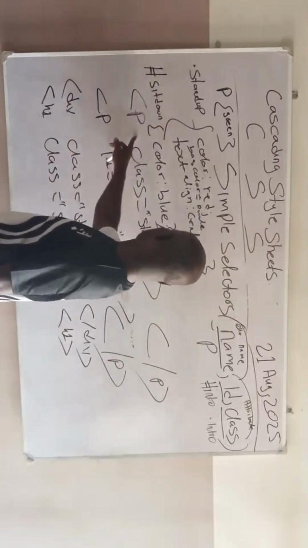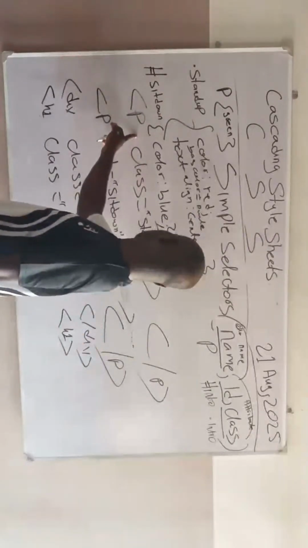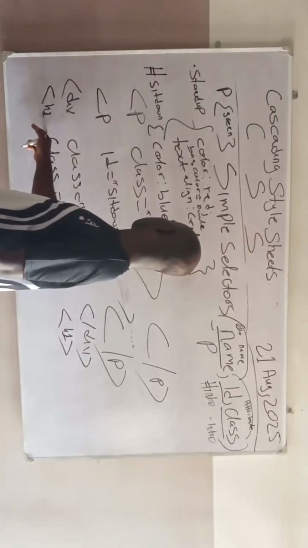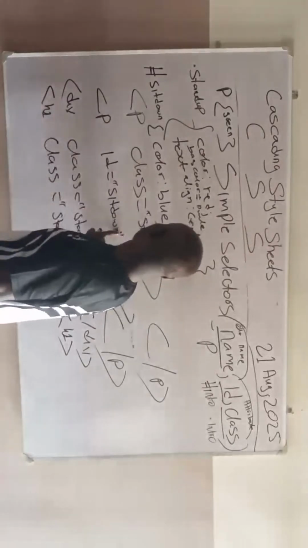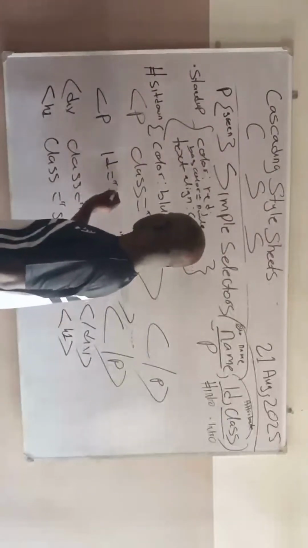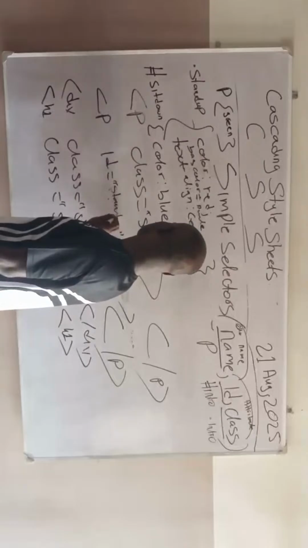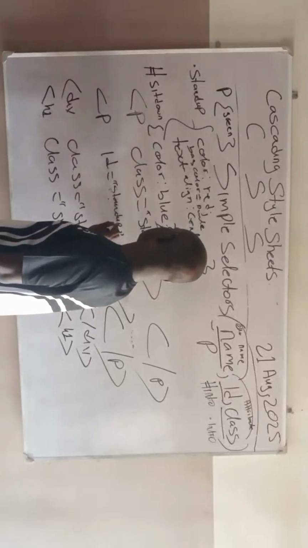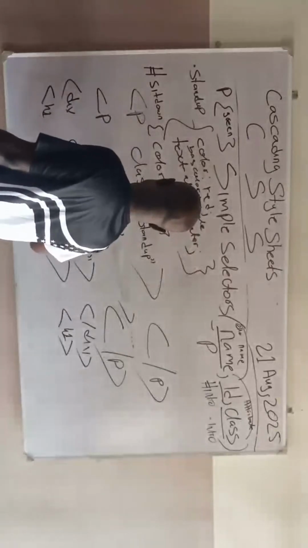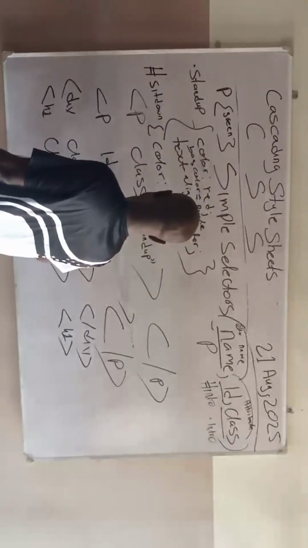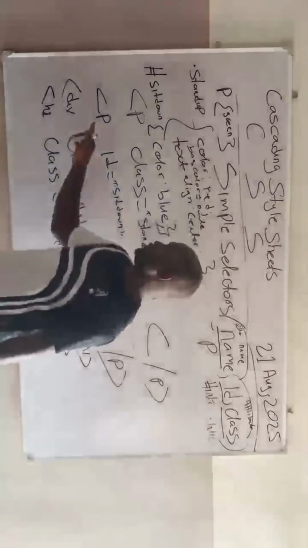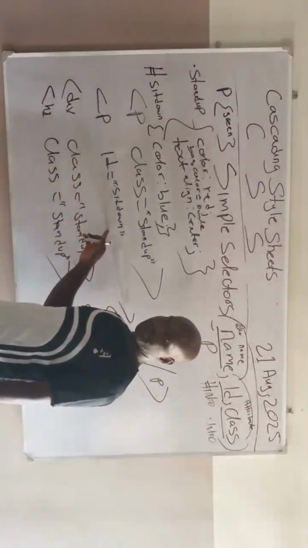So the background color of this one will be what? Purple. This one? Purple. This one? Purple. Even if this one, the ID, let me do this one with ID. Stand up as well. Okay, sorry, ID sit down, right?